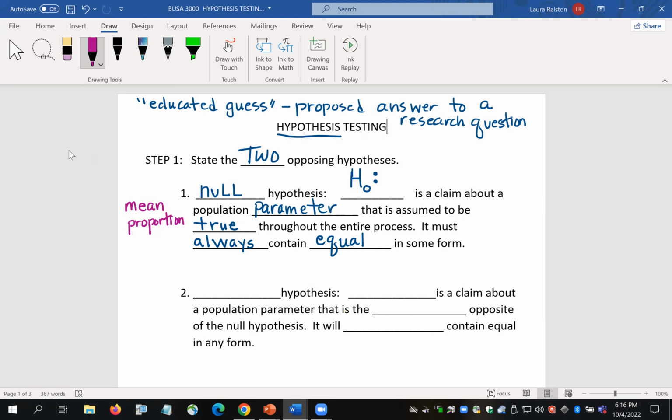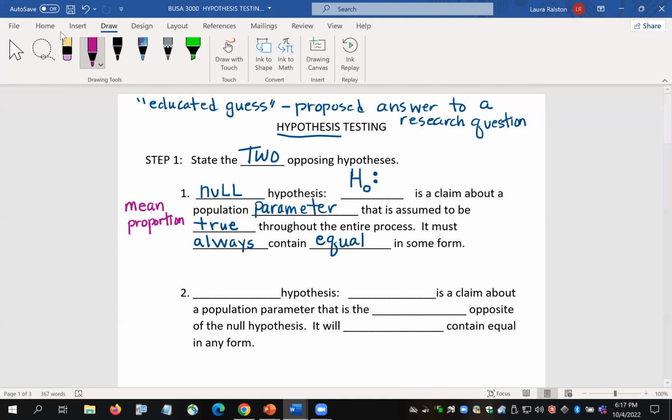Okay, but we don't talk about those in Stat 1401 nor here in Business 3000. Our focus tends to be on the mean, the population mean to be more specific, or the population proportion. And again, that claim is assumed to be true throughout the process, just like we assume a person is innocent of a crime until proven otherwise.